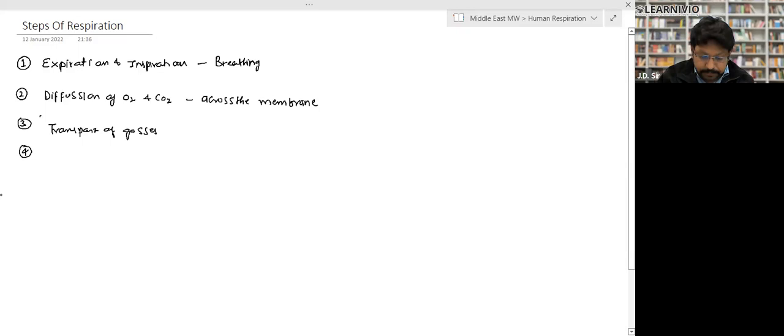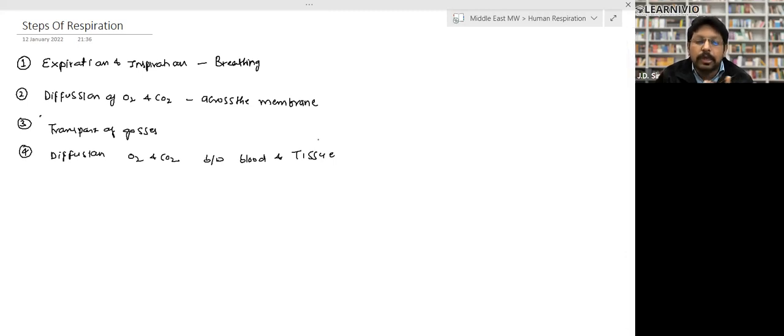Now the fourth step: diffusion of O2 and CO2 between blood and tissue. So blood goes to the tissue, delivers O2 and takes back CO2. Right? What is the fifth step?